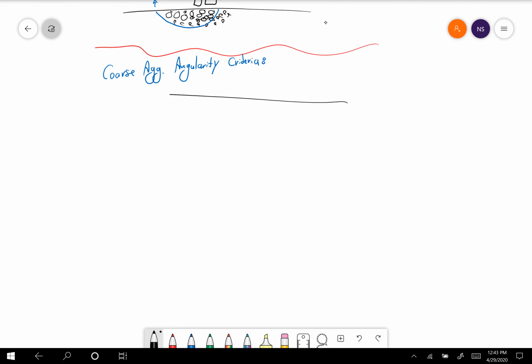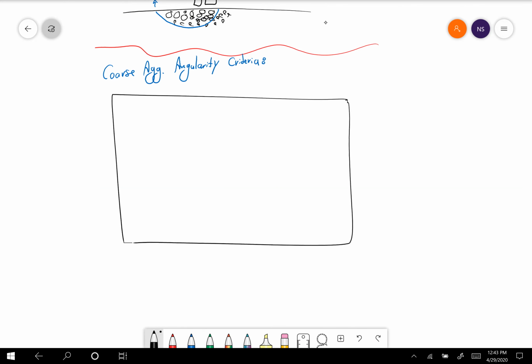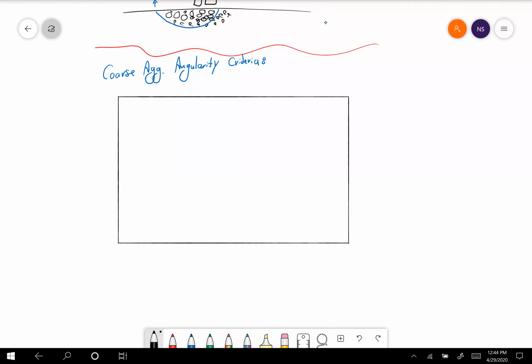I'm going to insert the table based on traffic level in terms of millions of ESALs and depth from the surface. You should be able to see, of course, for higher levels of traffic here, you will need 100% crushed faces or angularity in your aggregates.